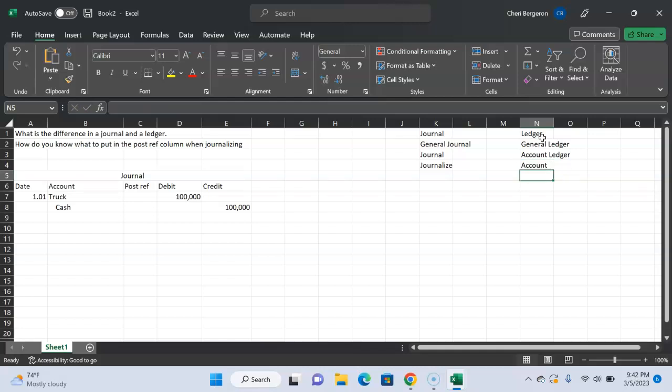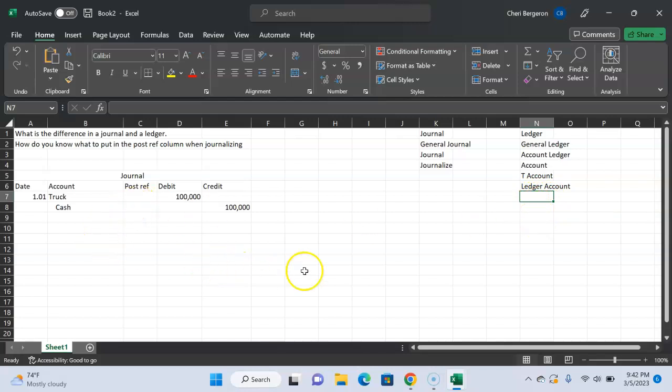To make matters even more confusing for new accounting students, we can call these accounts a T account or a ledger account. I can either post it to an account that looks like a T, or to an account that looks like a ledger. They are the same thing, just a different way of looking at them.